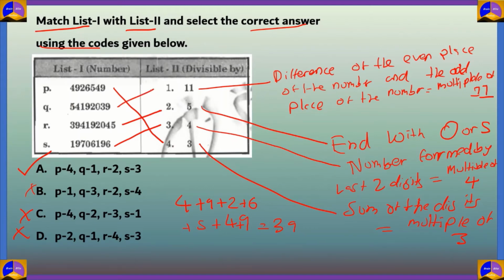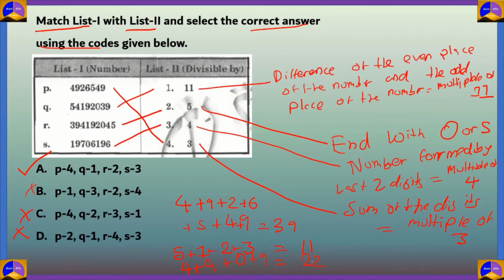And option Q will be matched with 1. Because the odd places are 5, 1, 2, and 3. So 5 plus 1 plus 2 plus 3 is equal to 11. And the even side is 4 plus 9 plus 0 plus 9. 9 plus 9 is 18 plus 4 is 22.